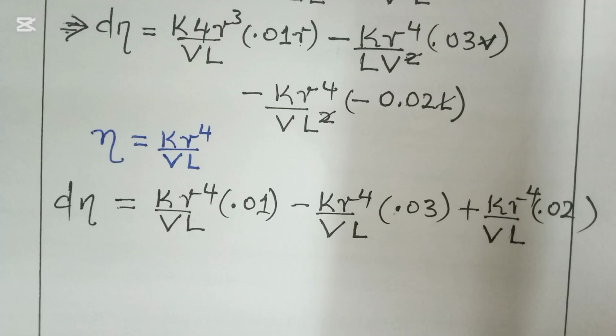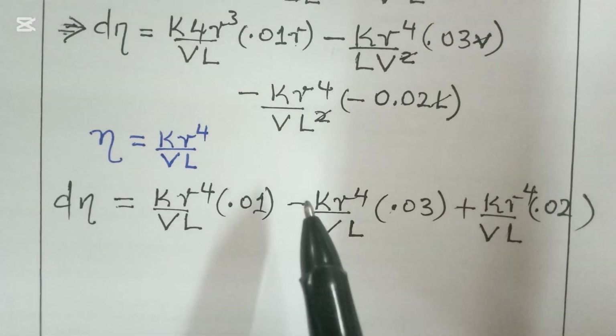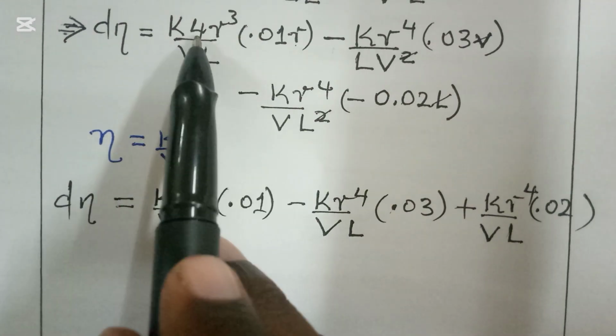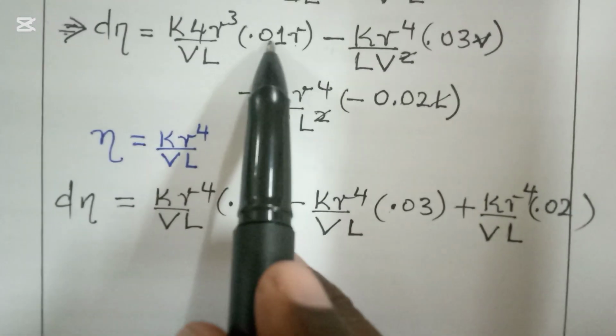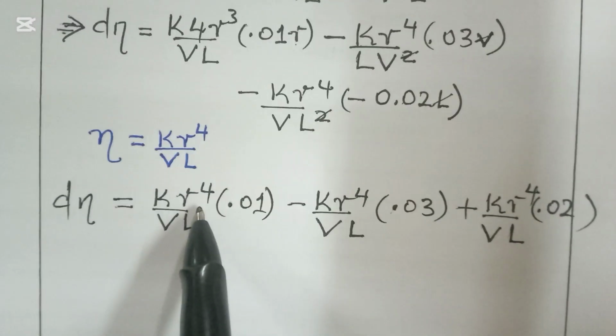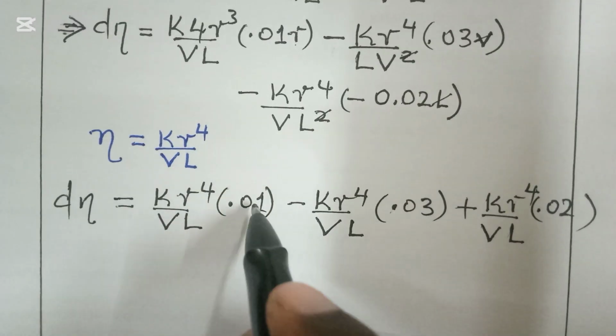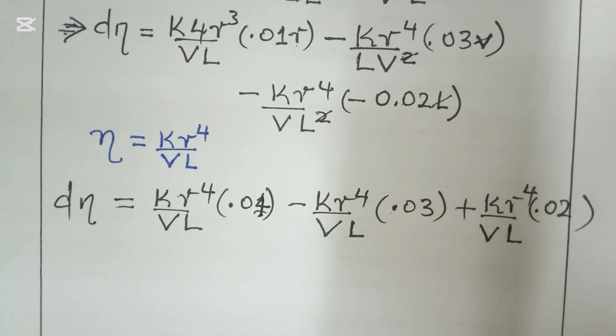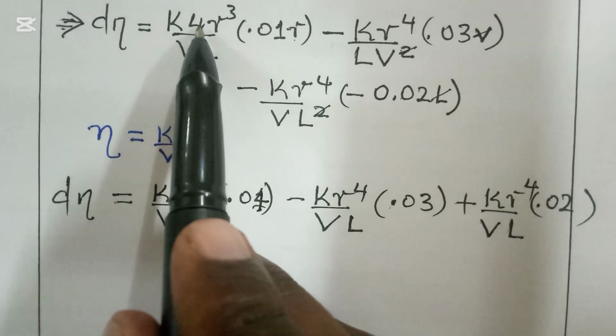As we continue, we note that we had a 4 here, and so this 4 should be multiplied by 0.01. We multiply that, we get 0.04. I make that correction because here we had a 4.